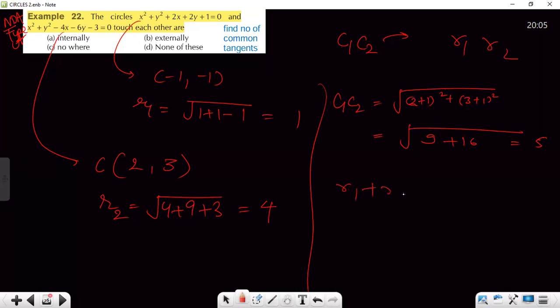R1 plus R2 becomes 4 plus 1, 5. So C1C2 is equal to R1 plus R2. When this happens, the distance between two centers is equal to the sum of R1 and R2. Which case is this? Try to remember and use your logic. When this was happening, were the circles touching internally, intersecting each other, or not touching each other?